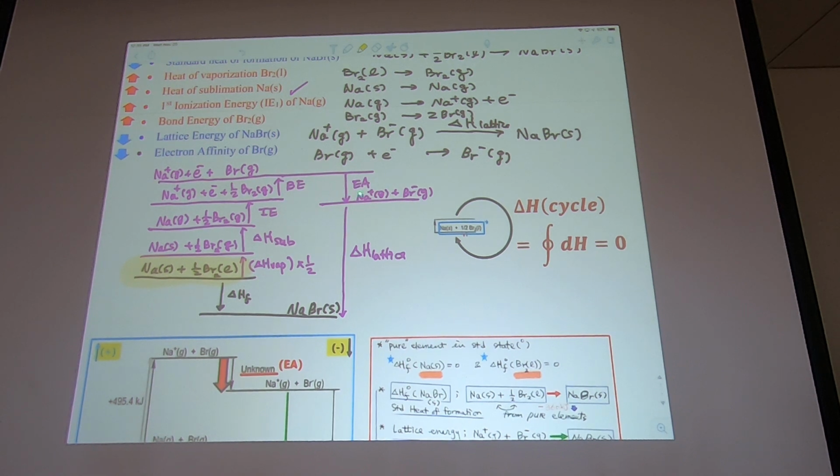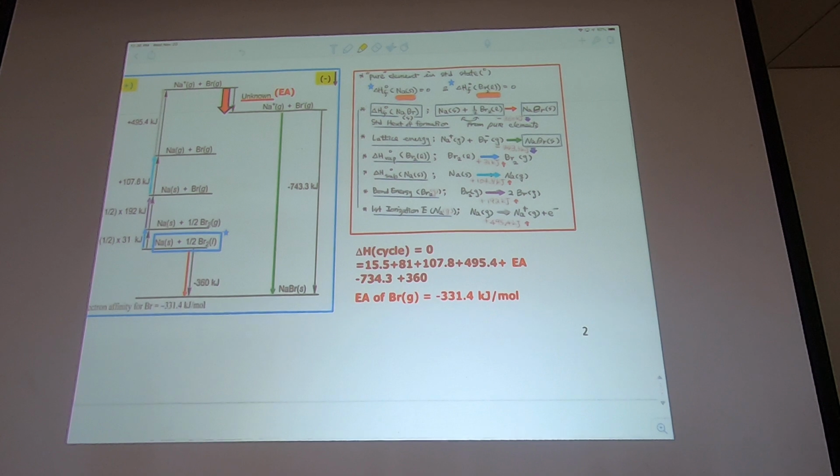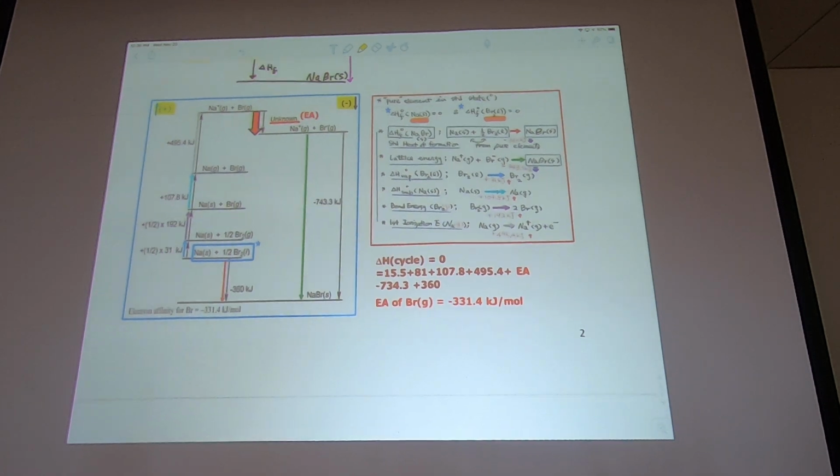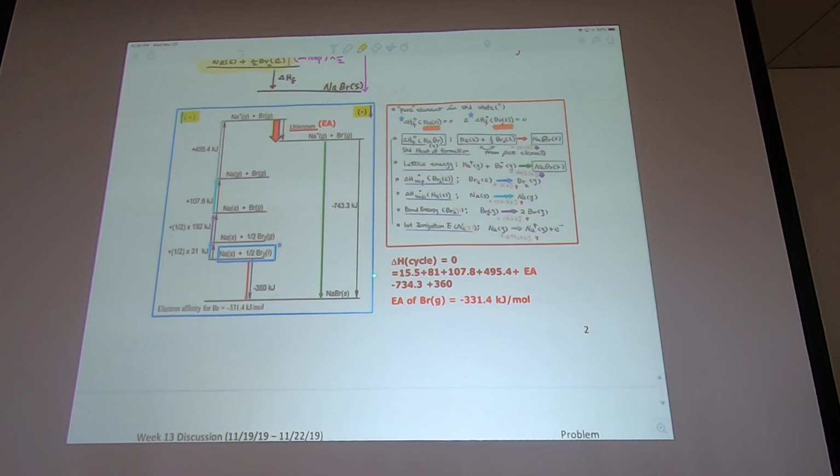This one is just the unknown, and this is the same number. The only difference is that to make up this cycle, this has to go in the other direction, right? So you guys can check that. This is what I did. This is the delta H over the cycle. I'm just keeping track of those numbers.